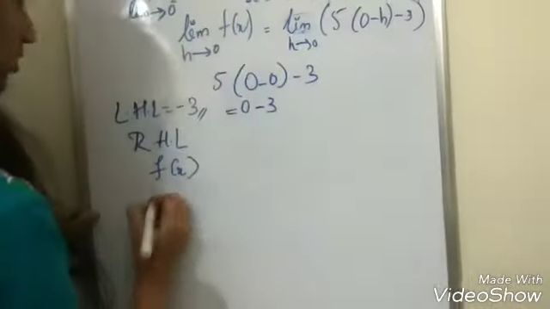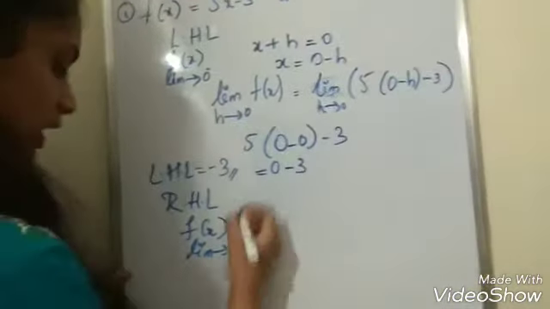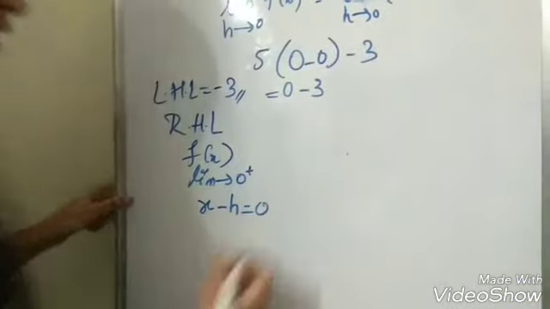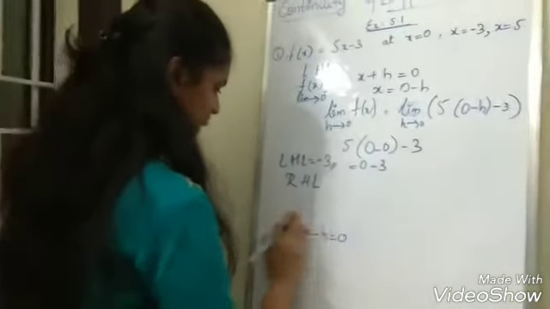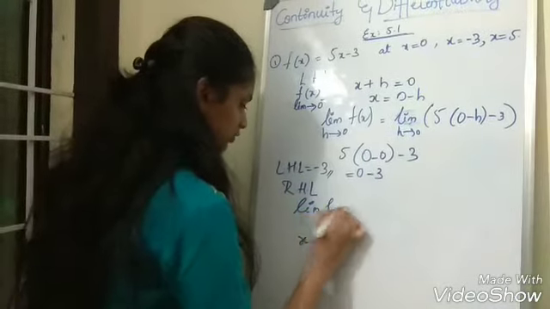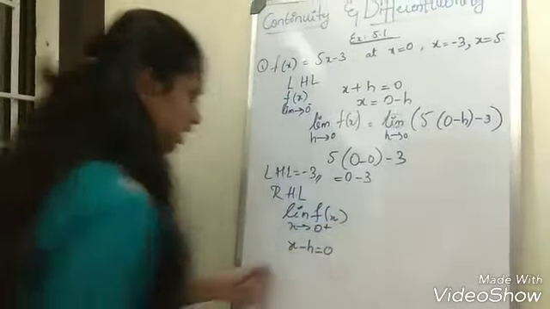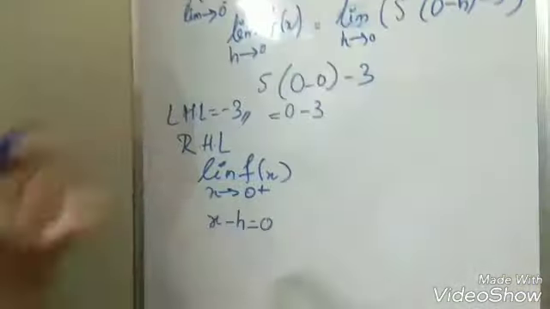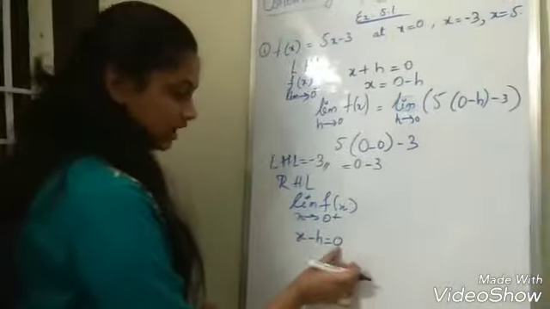Limit of f of x as x tends to 0 positive. Now take x minus h is equal to 0. Now x value is greater than 0, very little bit greater than 0, so when you subtract a value from x, it will be equal to 0.